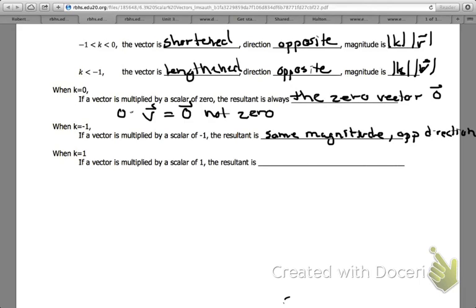And when k is equal to 1, if the vector is multiplied by a scalar of 1, the resultant is the same vector, and that just comes from our identity property. Okay, so we can move along here.